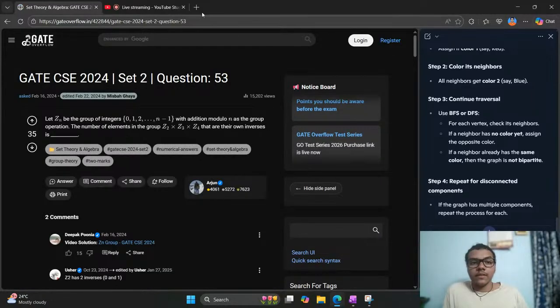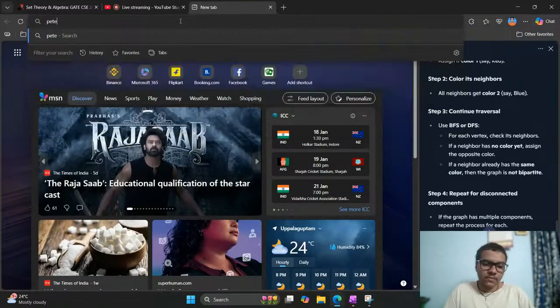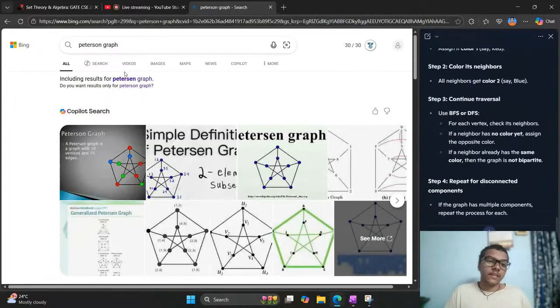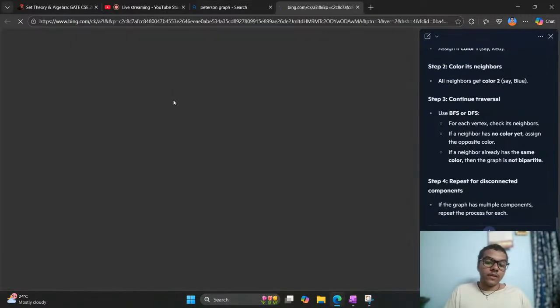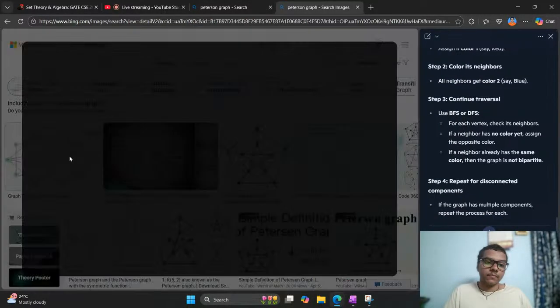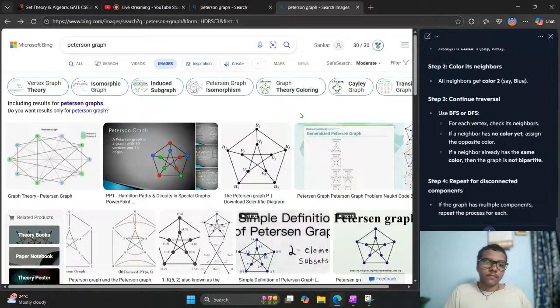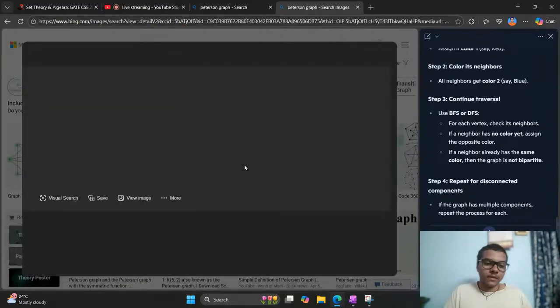So can you color the Petersen graph in this way? Let's see. Petersen and Herschel, right? Yeah, this is a Petersen graph.